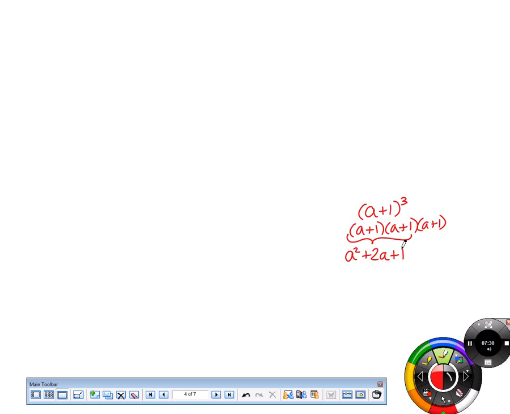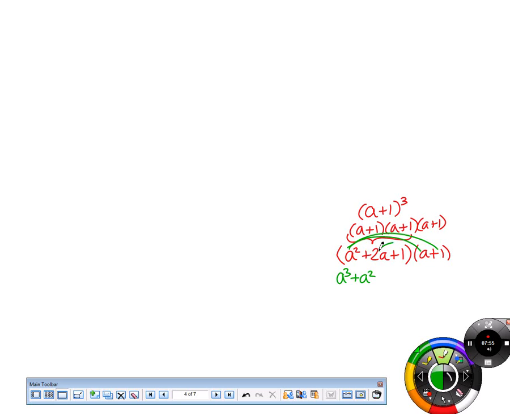Okay? But that's only for the first two. Now you have to multiply that times the third a plus 1 from your cube. Okay? This is like FOIL, but it's bigger. But basically, every piece of one of these has to multiply every piece of the other for us to get the final answer. So let's say I take a squared first and it multiplies a, and then it multiplies 1.